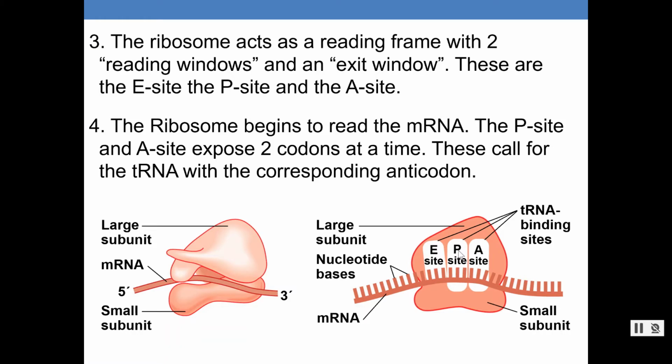So there's a tRNA in the P site, and it's going to be holding on to the growing polypeptide chain. You'll see how that works in a minute. And then the last site is called an E site, and E stands for exit. So once it moves into this space, the next thing that happens is that it leaves the ribosome. Because the ribosome has to move over the mRNA so that we can keep this process going.